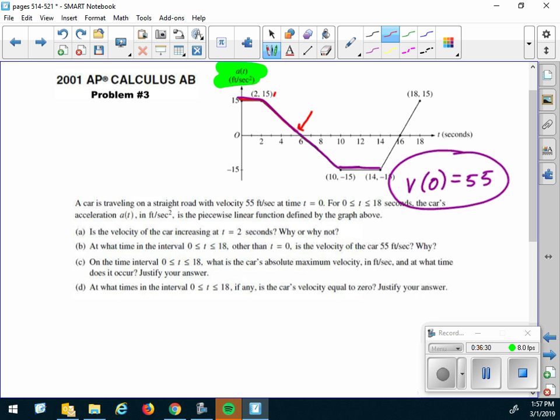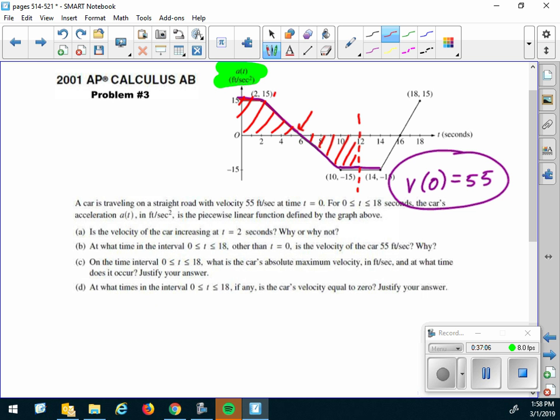In this case, that works because it's sped up that much, so it's got to go down that much, right? And it just so happens that this area is the same as that area. So you're going to say the velocity of the car is 55 feet per second again at t equal 12.